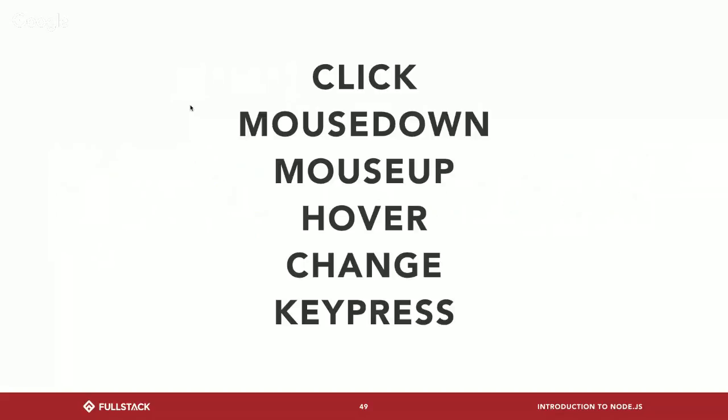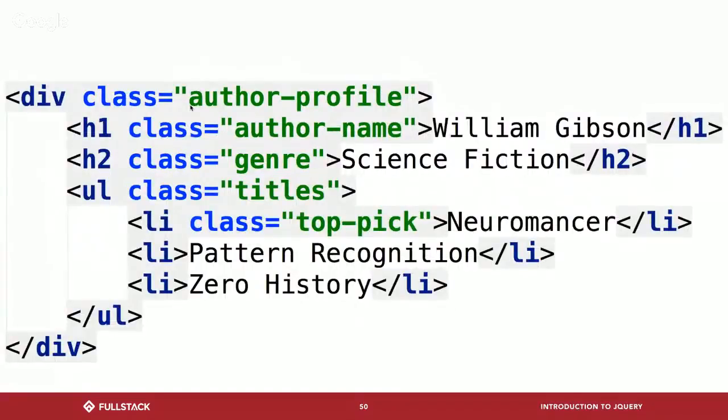So here's an example of how selectors could work. The jQuery documentation is very good, and you'll see it's broken down into different categories. There's a whole section on selectors, a section on traversing the DOM, and a section on manipulating the DOM.